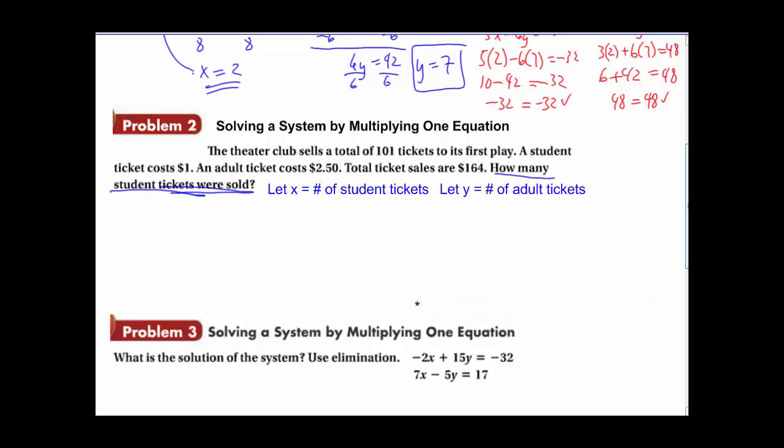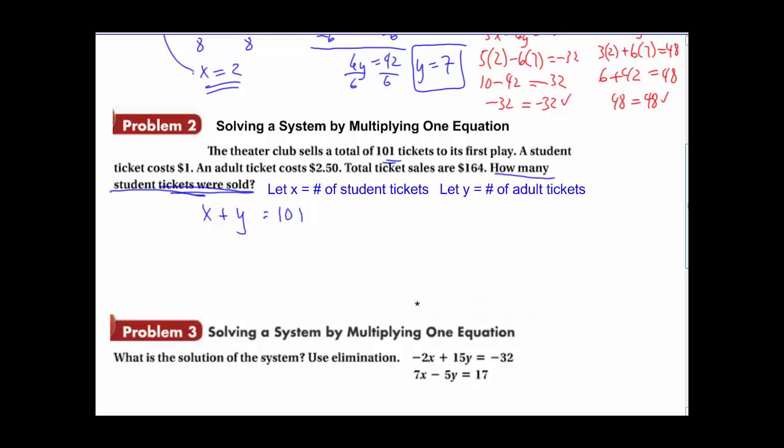Okay. So a quantity amount: we have 101 tickets sold between student and adult tickets. Because we need to write two equations, one equation we can write is the number of student tickets plus the number of adult tickets should be equal to 101. So X plus Y equals 101. We also have a total amount.